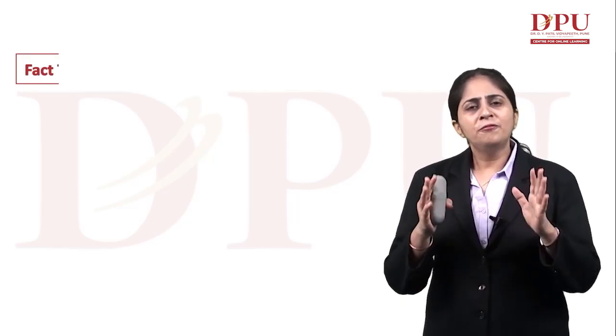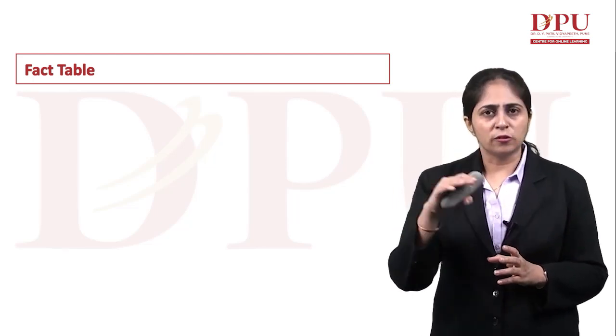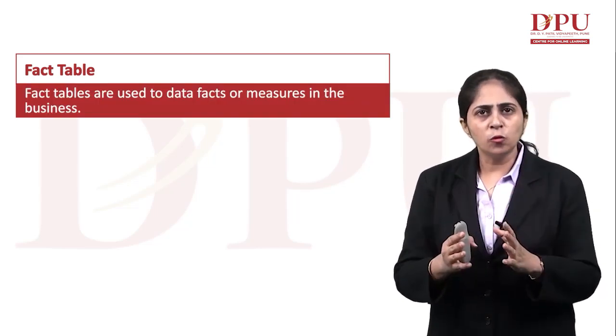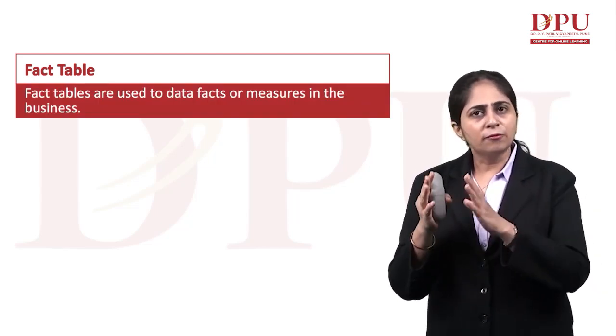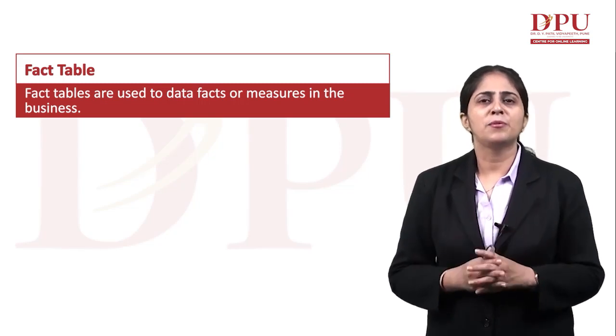Now, the fact table. A fact table is a table in which all the facts are kept. They have a number of rows, like there are certain values related to the fact, so they have a large number of rows. A fact table is used to store the facts or measures in the business.